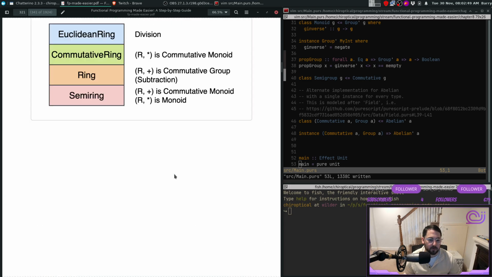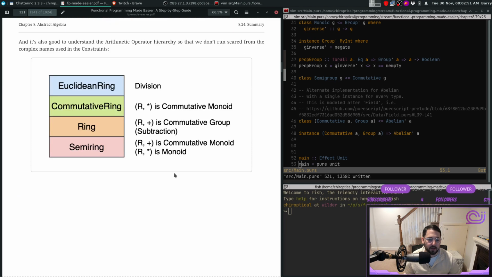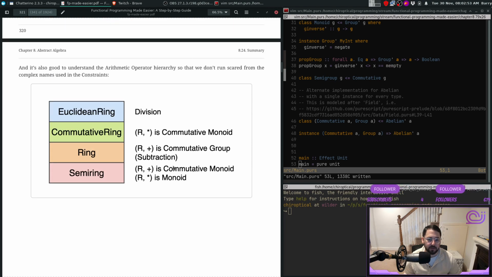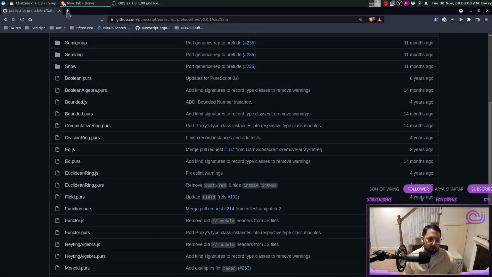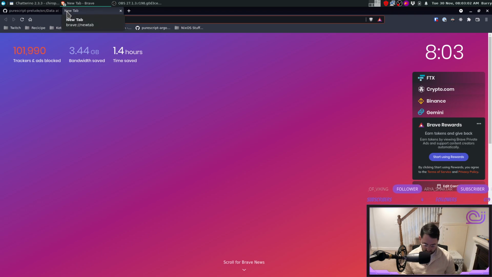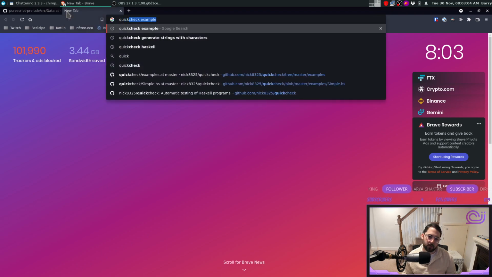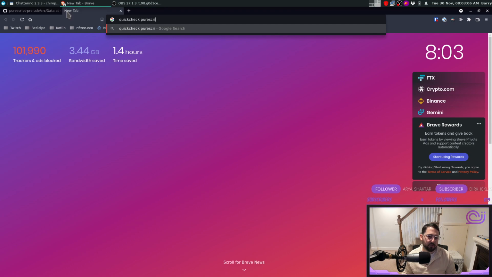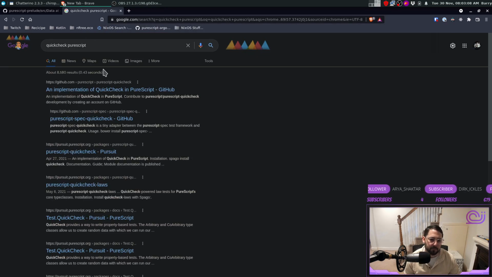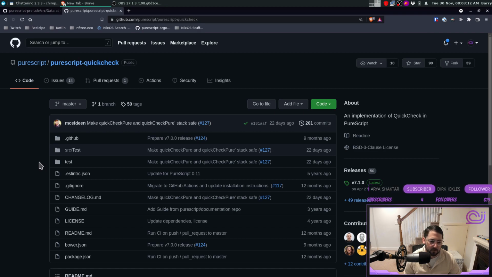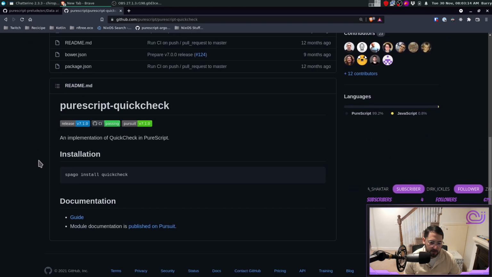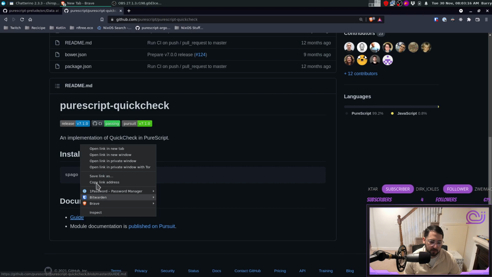All right, so there's chapter 8, and I'm going to go see if there's a QuickCheck library for this stuff. PureScript QuickCheck. Let's see what that brings up. Okay, so here's PureScript QuickCheck. There's a guide.